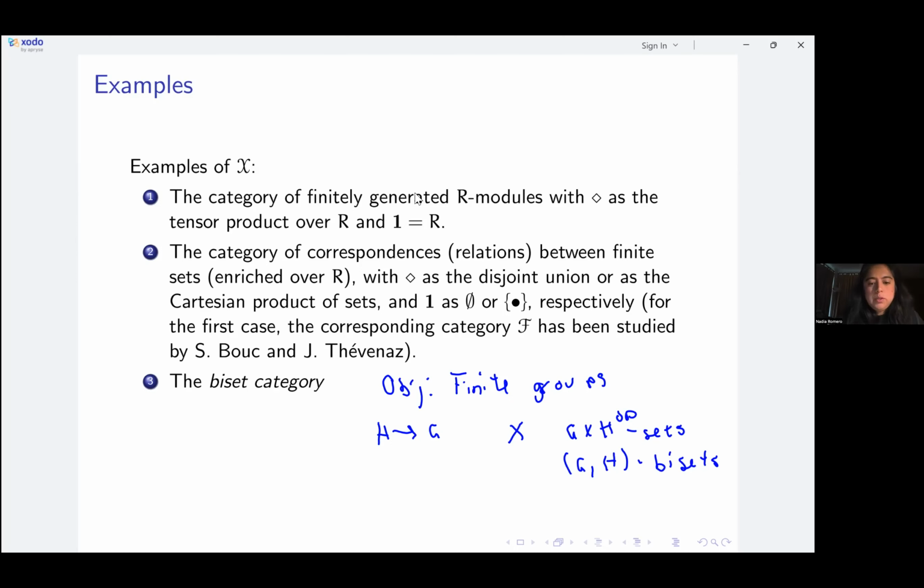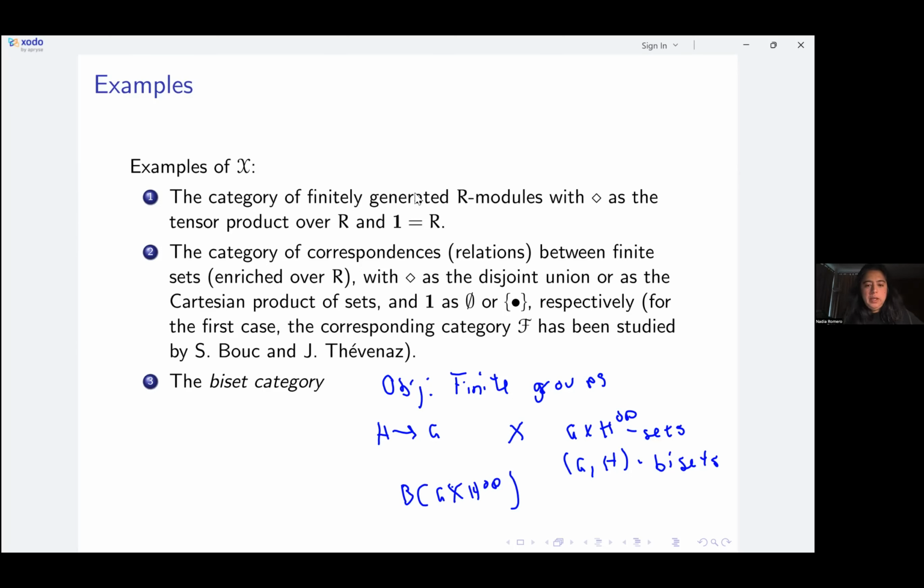Formally, what we're taking is actually the Burnside group of G cross H. So this is the Grothendieck group of this category of bisets. So the idea is that we consider bisets as arrows. So this is the example I'm thinking of.